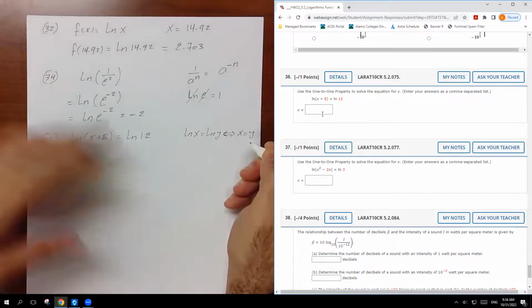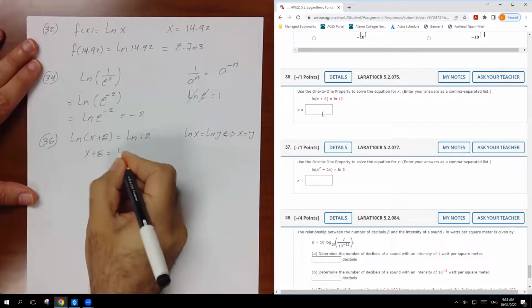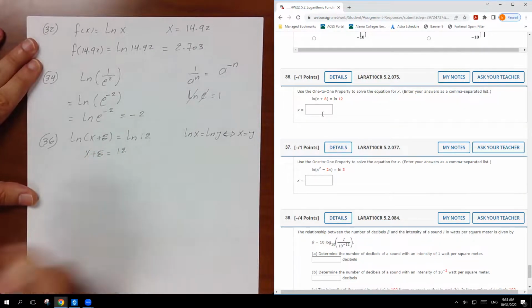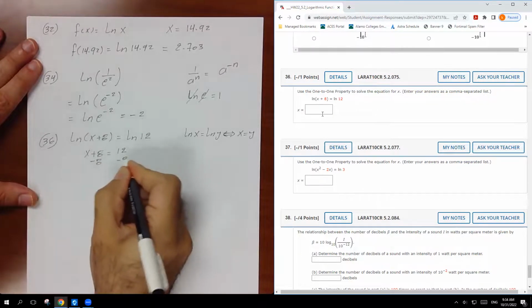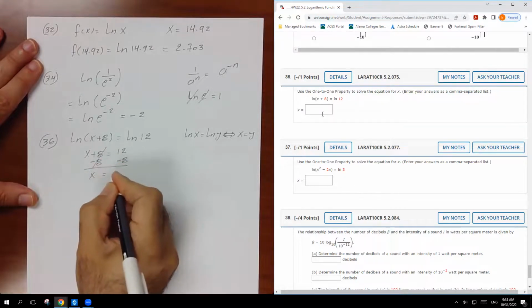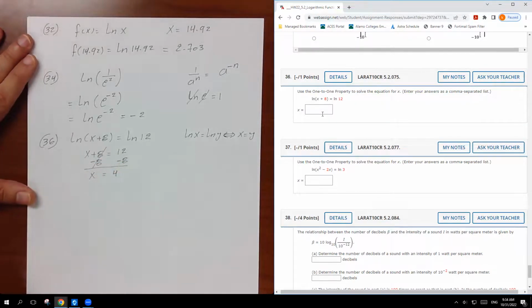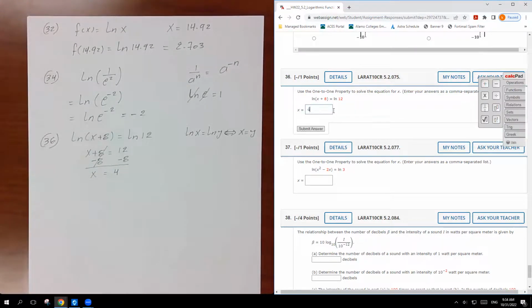That's what I'm going to use. That means x plus 8 equals 12. Now minus 8 from both sides, so x is going to be equal to 4. So we're just going to write here x equals 4.